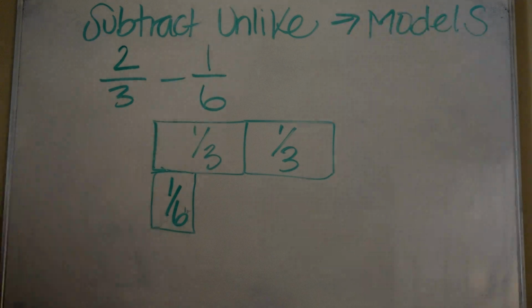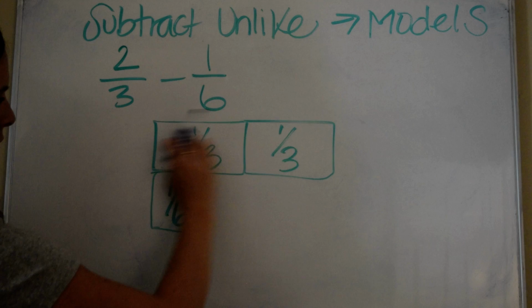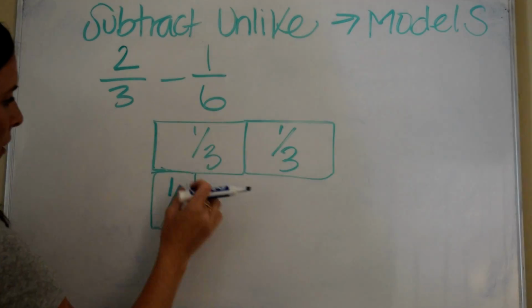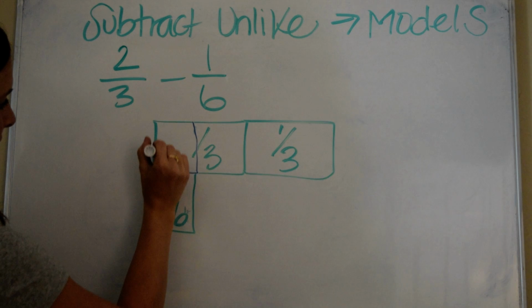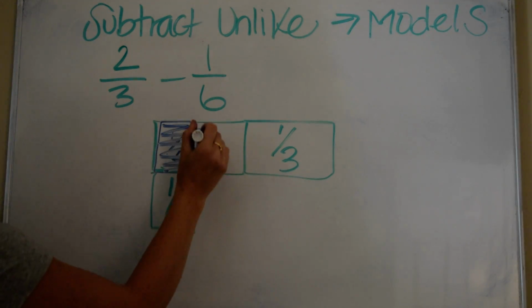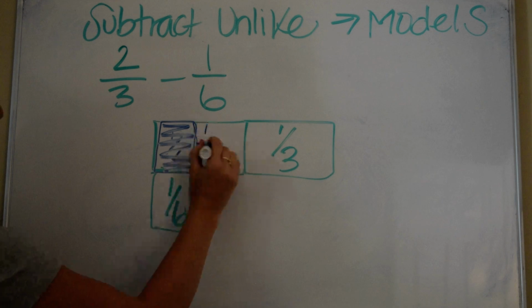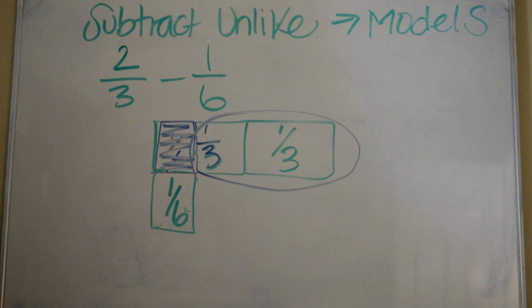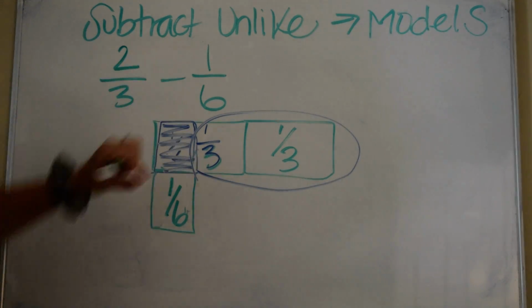So if I lined that up, it's like if I took a knife and I cut this, if this was like, let's say, a big piece of chocolate, and I had 2/3 chocolate and I want to cut off a sixth amount. I want to take that amount away and find out how much am I left with? How much chocolate do I have if I cut off a sixth piece?